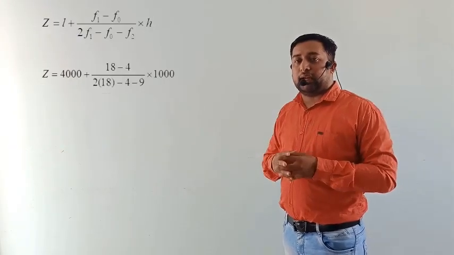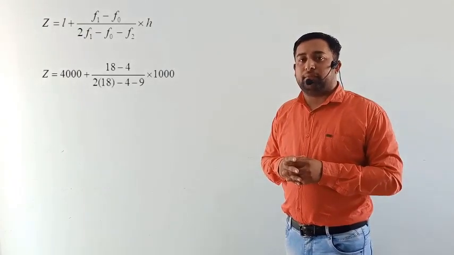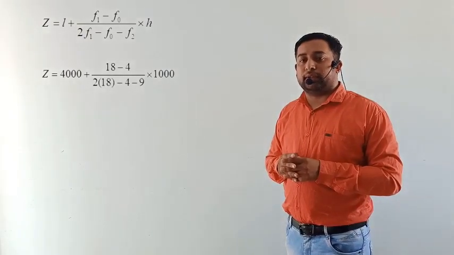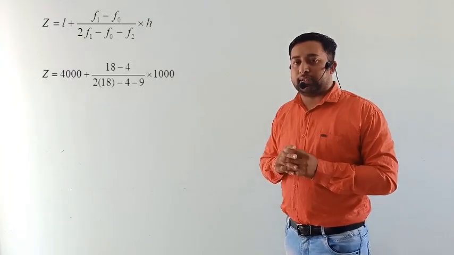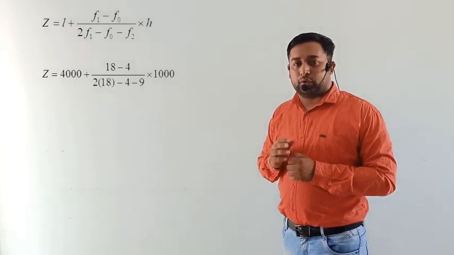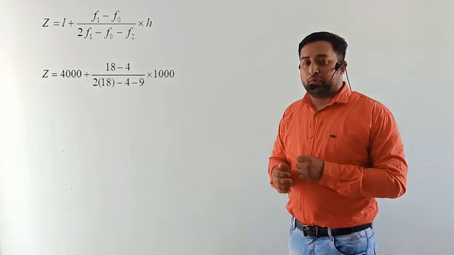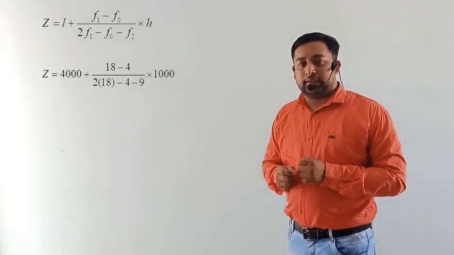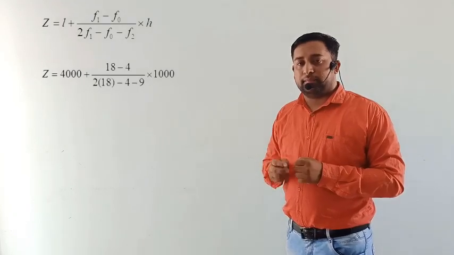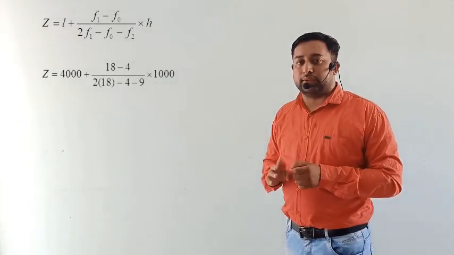Substituting all this data in our formula, Z is equal to L plus F1 minus F0 upon 2F1 minus F0 minus F2 into H. Our L is 4000, F1 is 18, F0 is 4. In the denominator, 2 into F1 18 minus F0 4 minus F2 9, into H. Our class length is 1000.